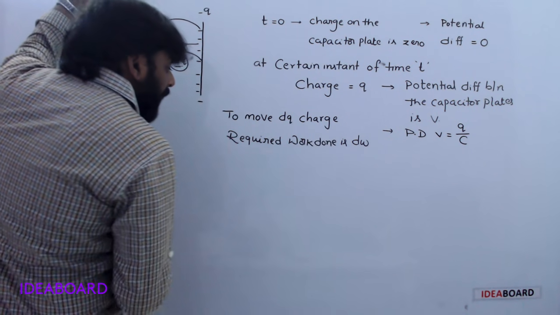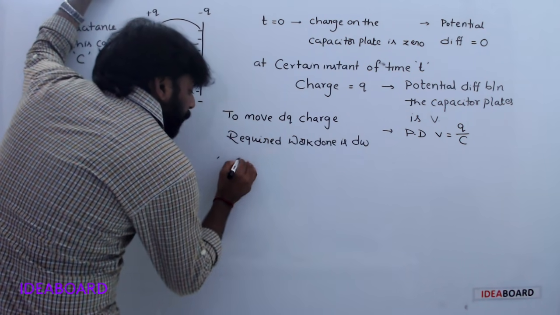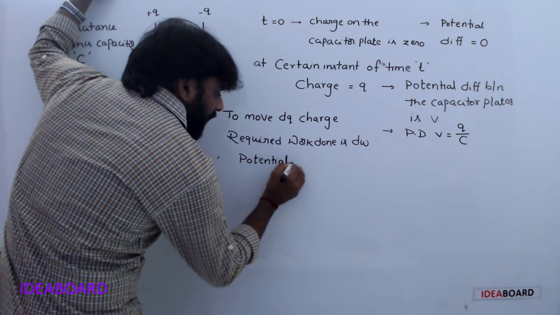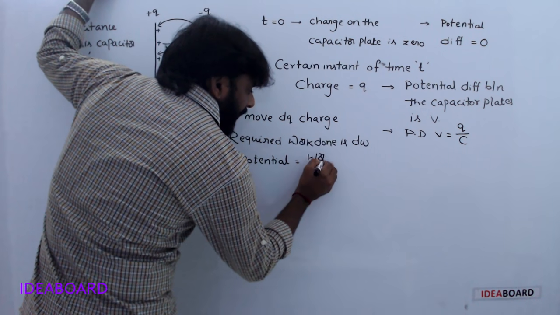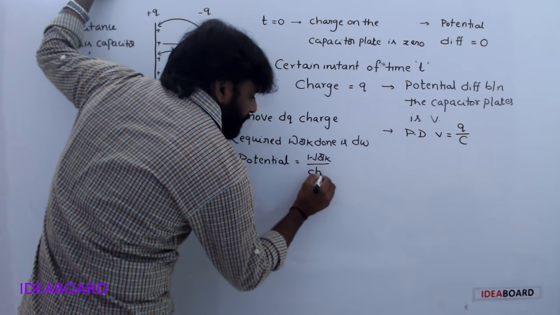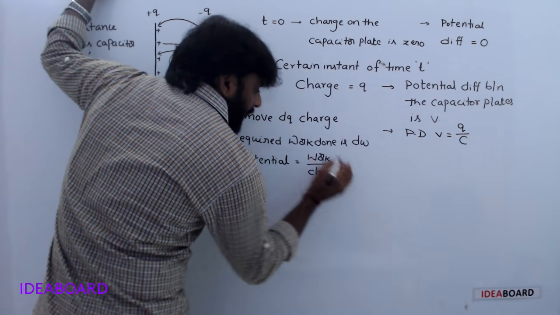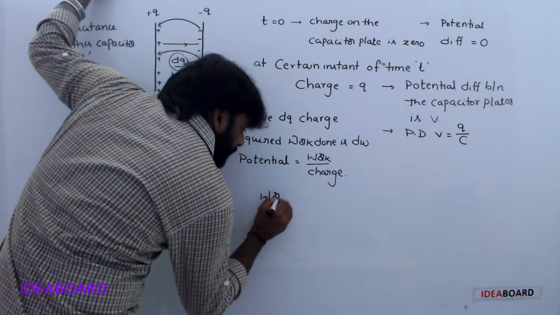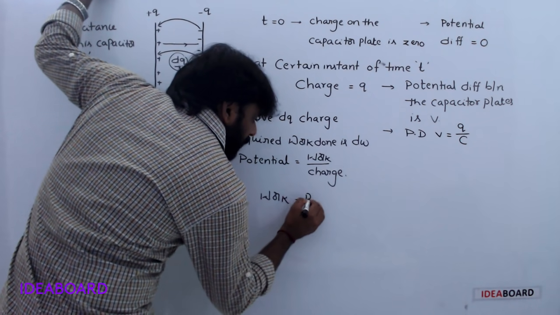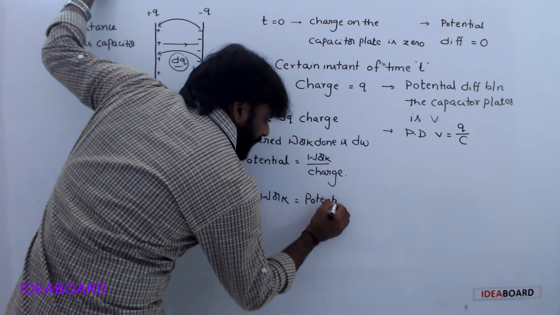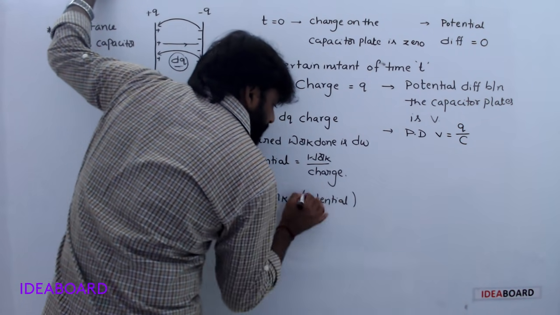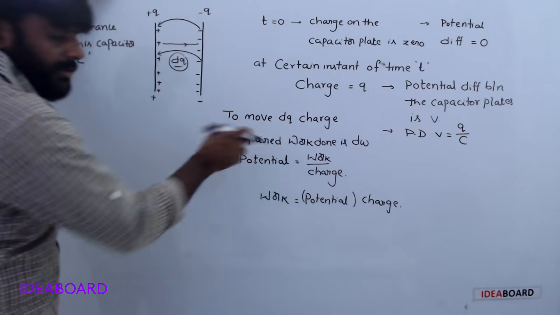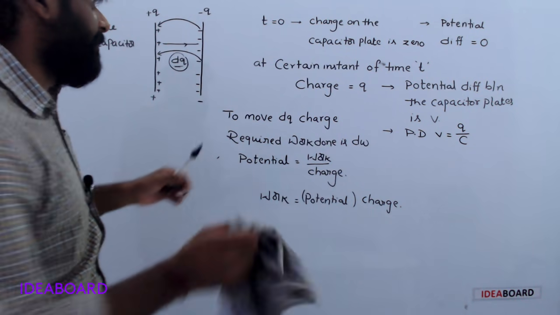You know this formula: potential is work done by charge. Now work is equal to the potential difference between the plates into charge. You know this formula. Understood?